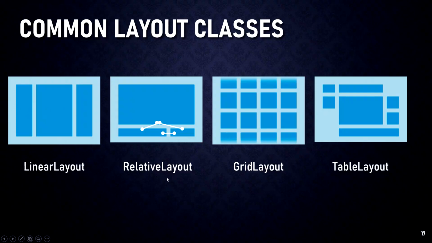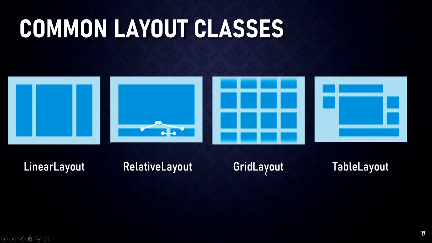Here is relative layout. Each view is positioned based on other views, so based on the neighbor views. From the top view, the right view, the bottom view if you have, you can specify the relationship with other views. So that's what relative layout means.